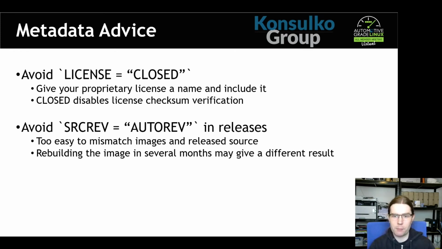And it also means that rebuilding the image using these recipes several months after release can give different results than it did at release time. So I always recommend set some specific version in SRCREV when doing a release.